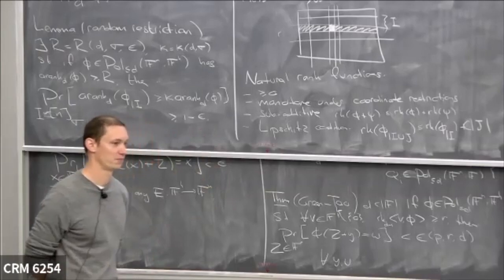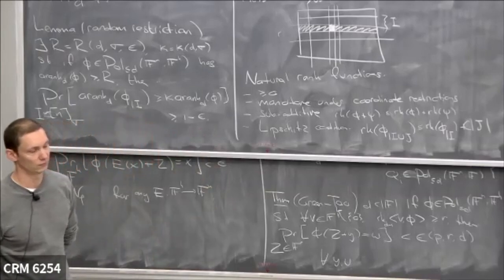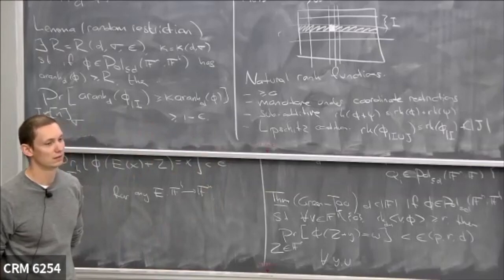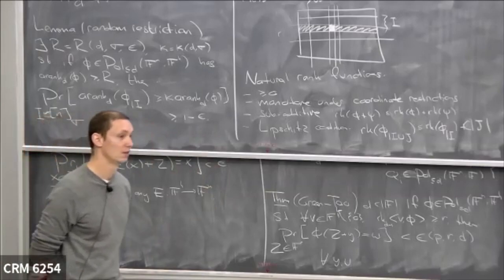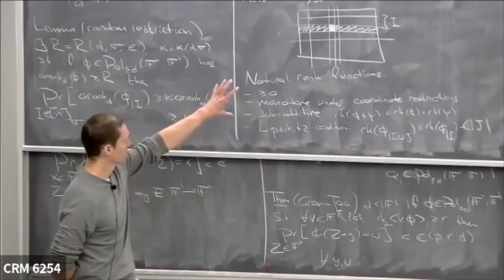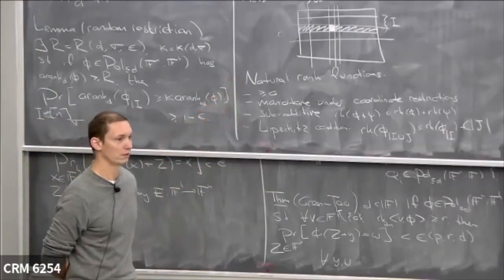Does it become easier if you're looking for a coordinate restriction, right, which has a high rank? Does it become easier if you allow a basis restriction? Yeah, that's a good point. There are results out there that show what I'll call the core property.